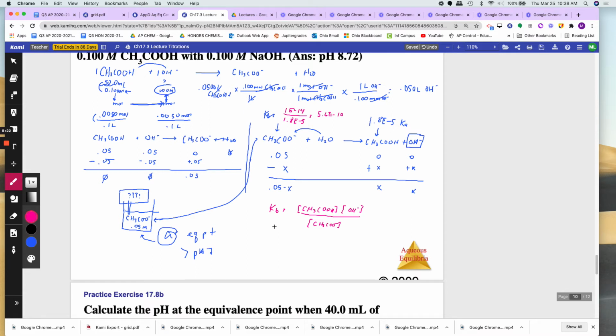So Kb, 5.6 E negative 10, is equal to x times x, which is x squared, over 0.05. And this is negative 10, so the x in the denominator will be negligible. It's going to be very, very small, but it's still something. Solving for x, x is equal to 5.3 E negative 6.